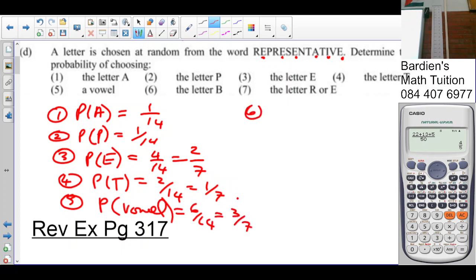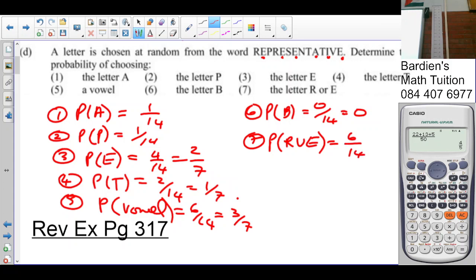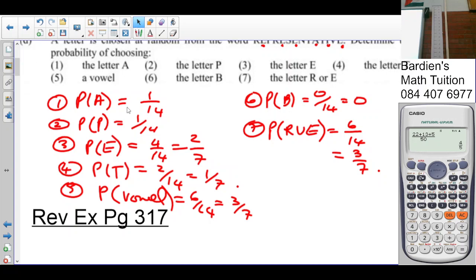Number 6, the letter B. 0 out of 14, which is 0. The letter R or E. Probability of R union E. There are 2 R's and 4 E's, so it gives you 6 out of 14, which gives you 3 out of 7. Okay? You all understand? Any confusion? No?